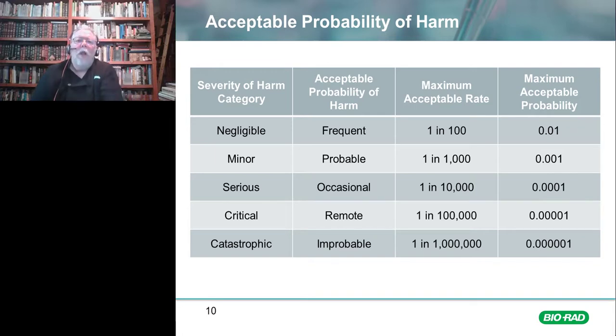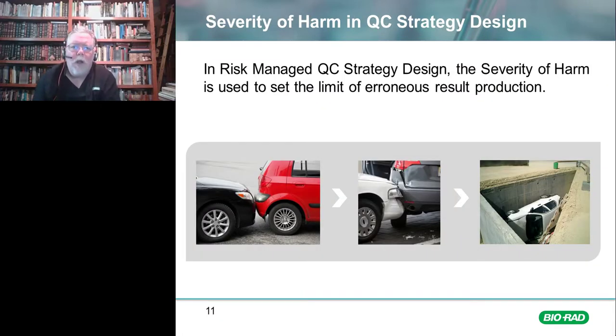So the severity of harm, if we think about the basic idea, is that the more severe a harm is, the less tolerance we have. Just in my little example here, you obviously have a much higher tolerance for touching bumpers with the car in front of you than for actually damaging the car.